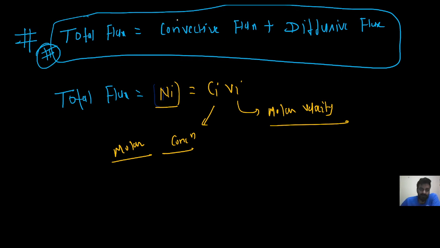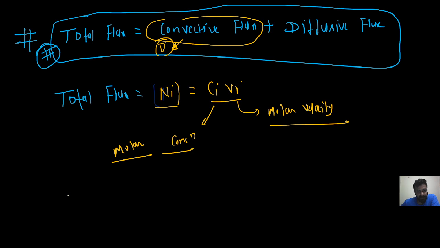I told you that convective flux is due to the transfer of molecules or quantity passing through per unit area per unit time due to a reference velocity, and that reference velocity is called the average velocity, V average, right? And here I have defined that total flux is Ci into Vi, where Ci is the molar concentration of the i-th molecule, and Vi is the average molar velocity.